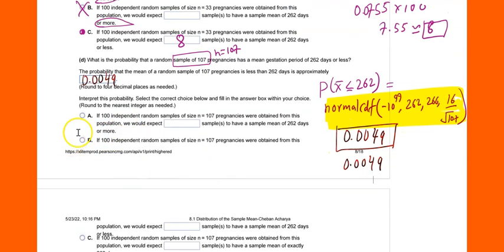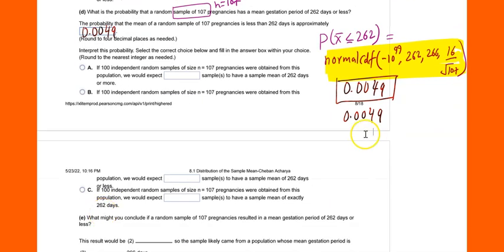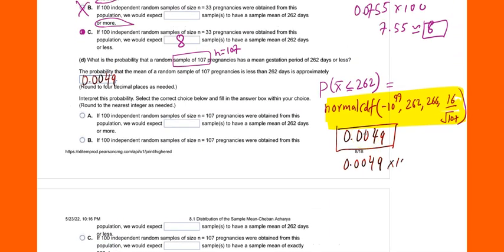Therefore, every time I look at the multiple choice portion and I multiply by 100, because every answer choice says 100, 100, 100. You get 0.49, which is approximately equal to 0 if you round it to the nearest whole number. Makes sense?